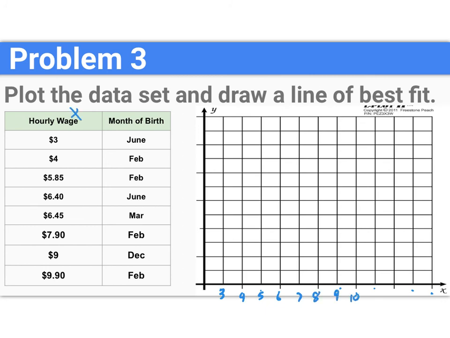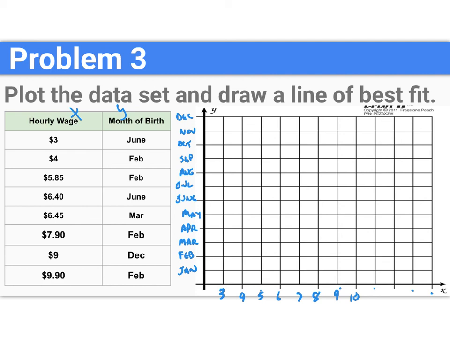So this is always our X. That's always our Y. All right, so we go Jan, Feb, March, April, May, June, July, August, September, October, November, and December.